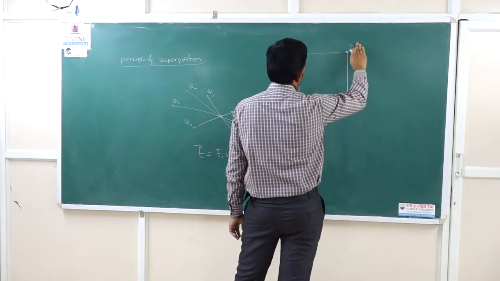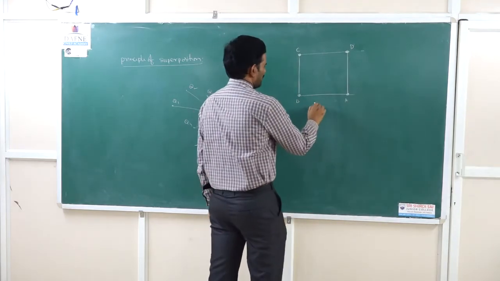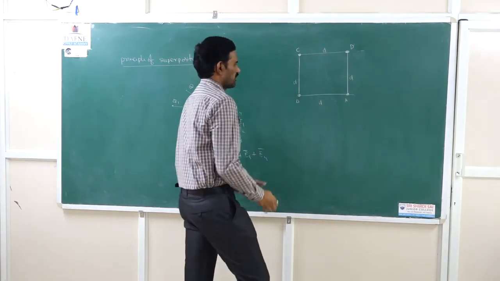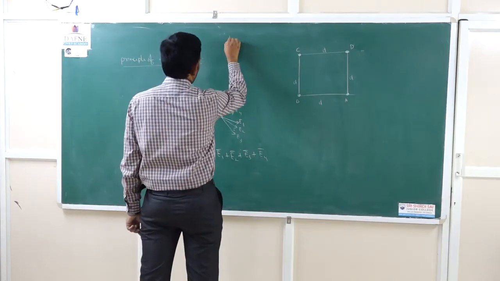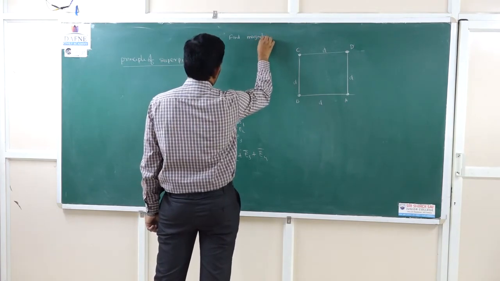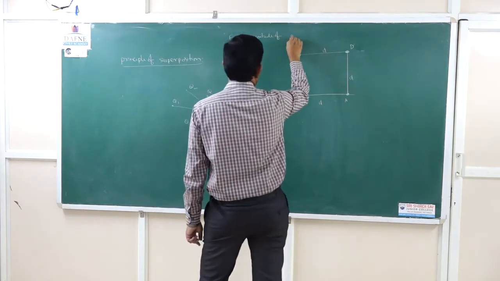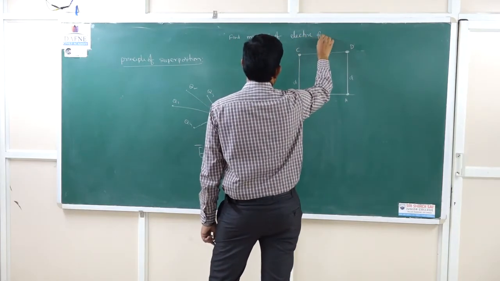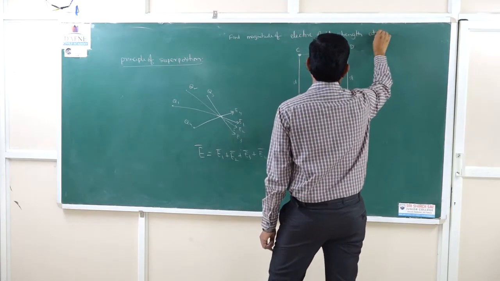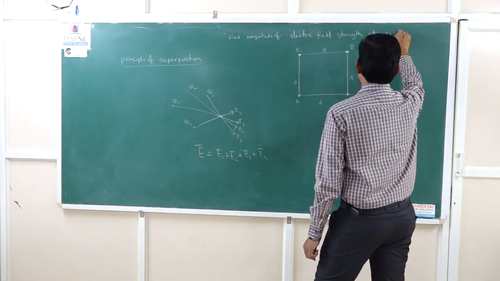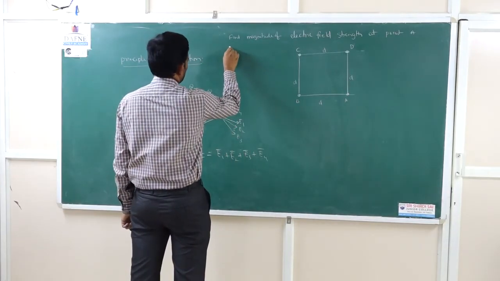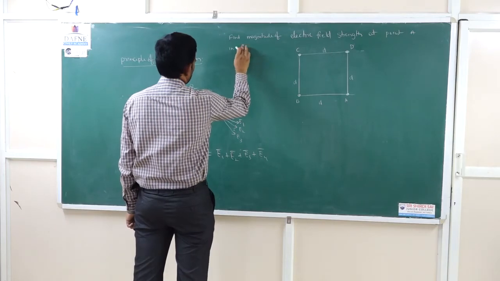So A, B, C, D. Now this is a square of side D. You can write a common problem here: find the magnitude of electric field strength at point A in the following configurations or in the following cases.